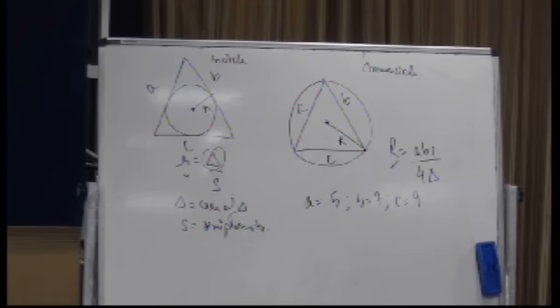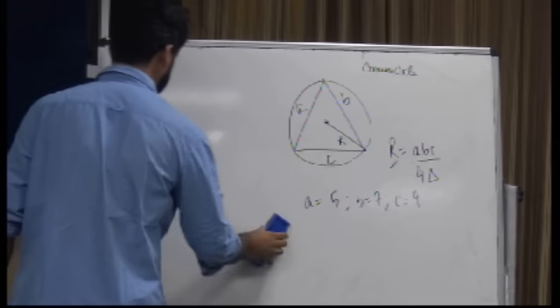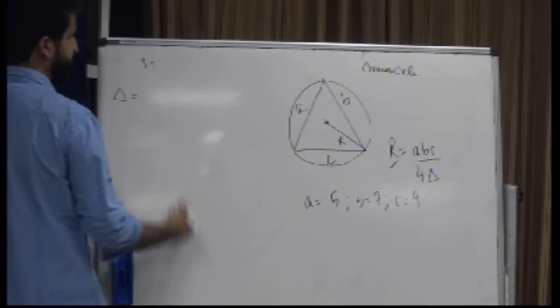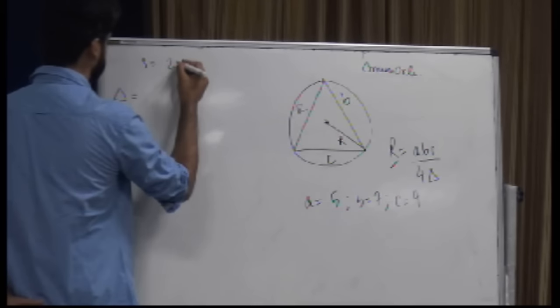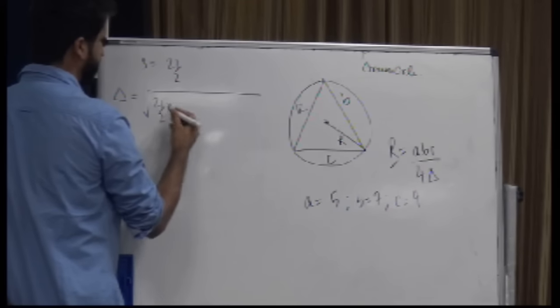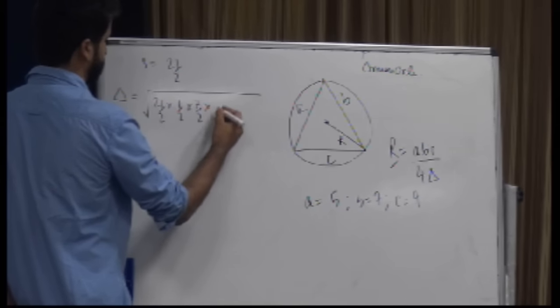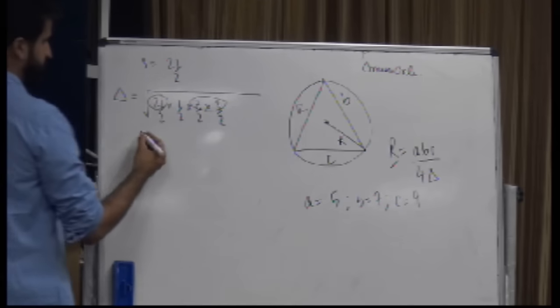And the capital R? So the value of delta will be, so first of all, what is the value of s? 21 by 2. 21 by 2 multiplied by 11 by 2, so this again becomes 21, right?